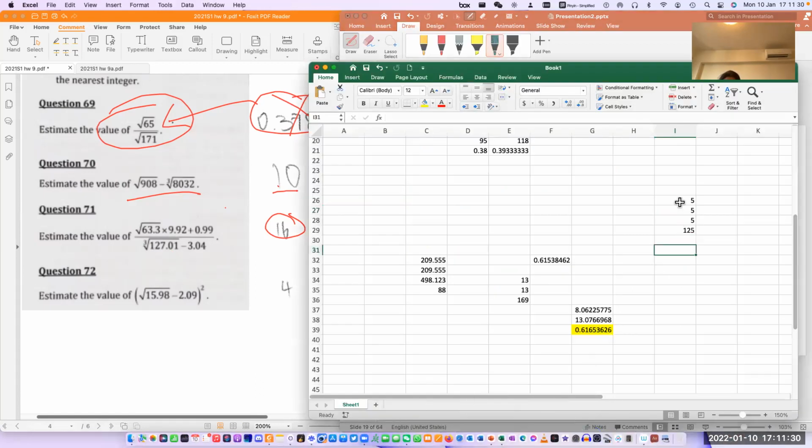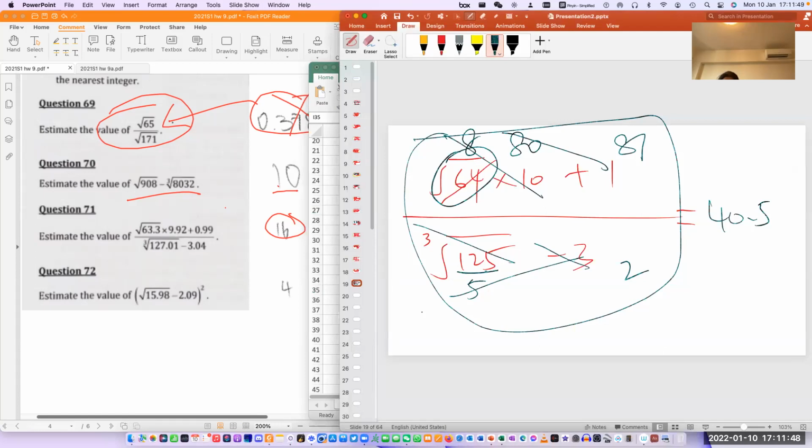I tested 6 first, and it gives me something very large, so I go lower. 5 times 5 times 5 will give me 125. So that's why I use 125 to estimate. So the answer should be 40.5. All right. Okay, good.